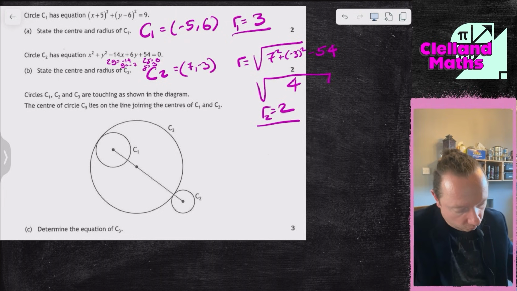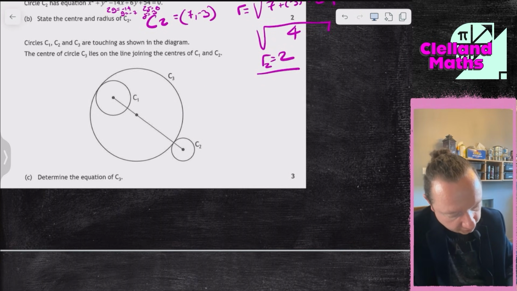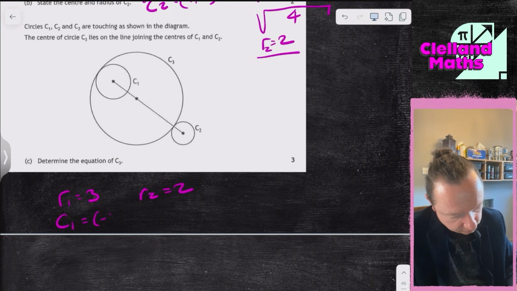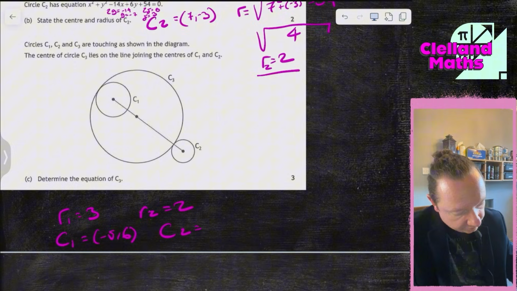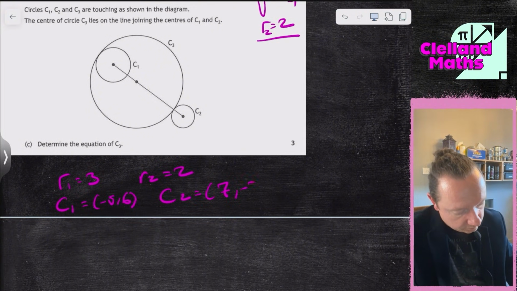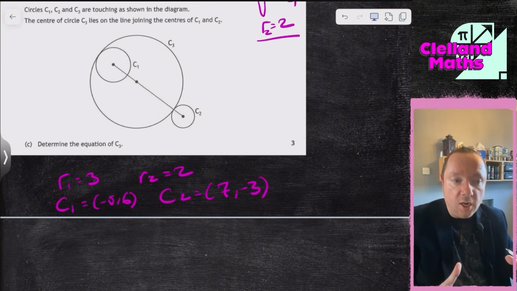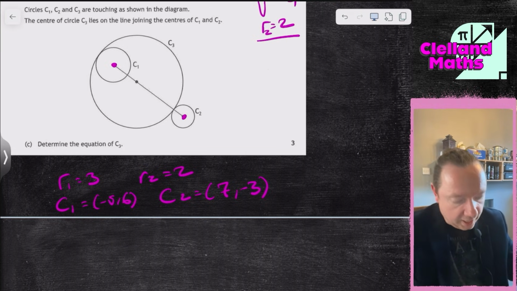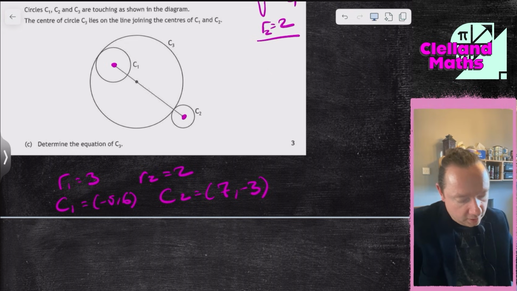But let's see what we already know. R1 was 3, remember, and R2 is 2, and C1 was (minus 5, 6), and C2 was (7, minus 3). So we've got all that information to start with. So let's just shove some stuff on here. I need the centre and I need the radius of this, okay?